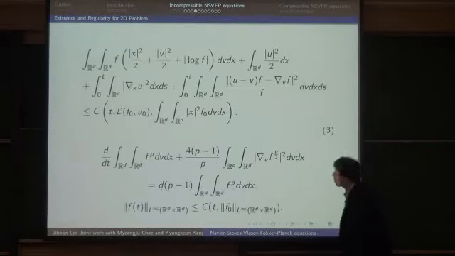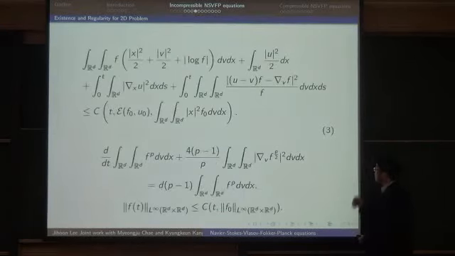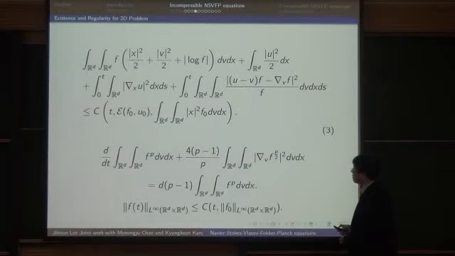And actually this can be obtained by some a priori estimates. For example, this is a well-known a priori estimate for the Vlasov-Fokker-Planck equations. Using only the initial data, we can control all the other terms.